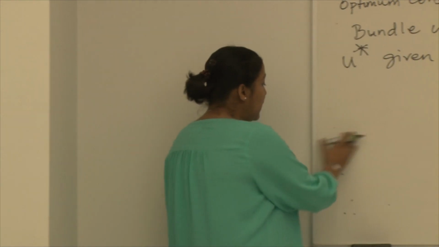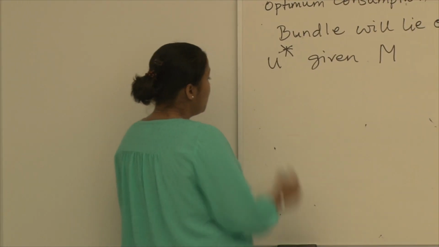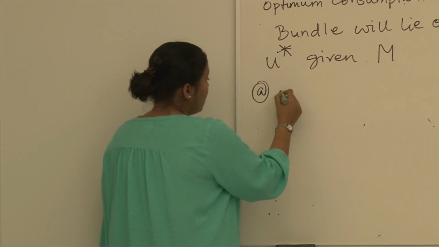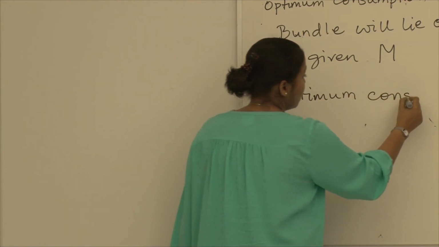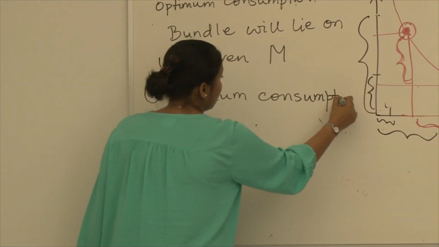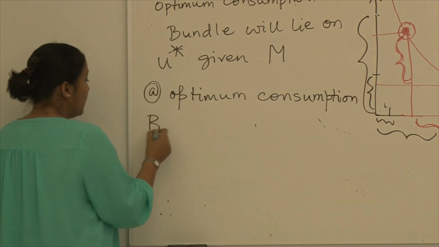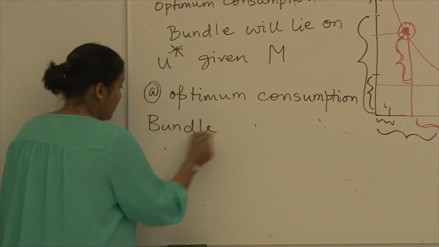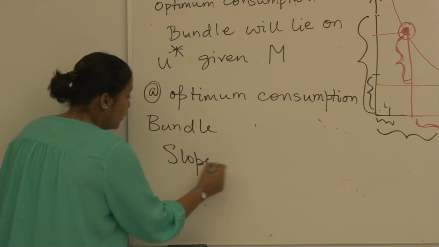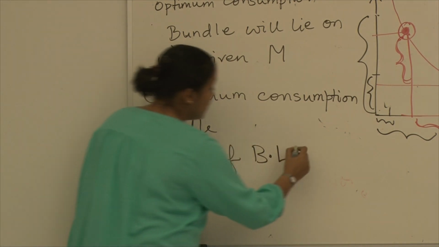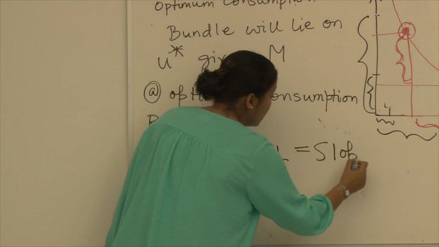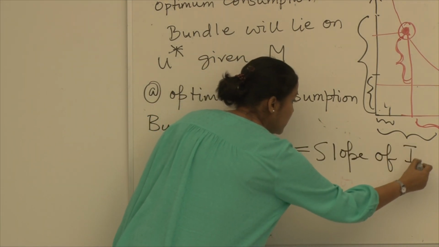So, can I say that at the optimum consumption bundle, the slope of BL, that is the budget line, is equal to the slope of IC?